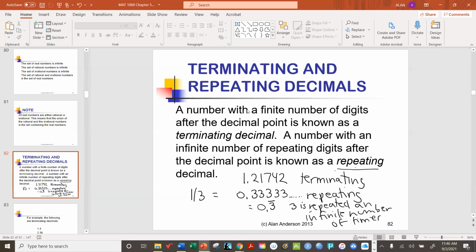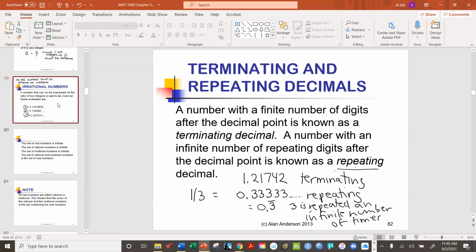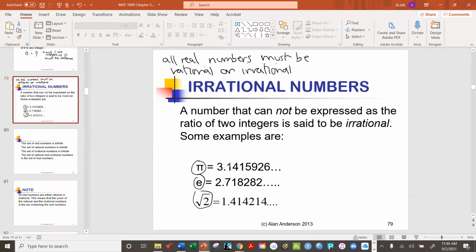Okay, so these are two cases. Now, obviously, not all numbers fall into these two categories. For example, pi. What's going on with pi? Well, with pi, there's an infinite number of digits after the decimal point, but they do not repeat themselves. That's the key detail.